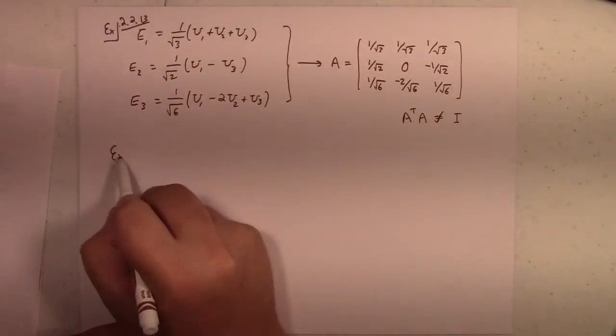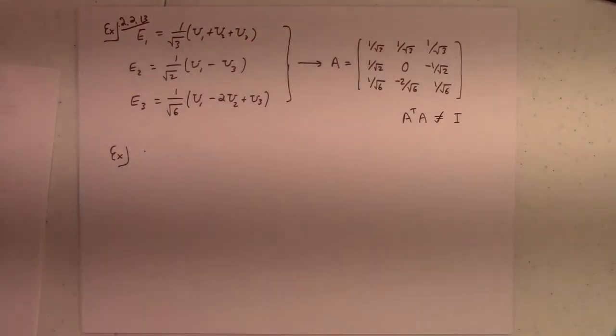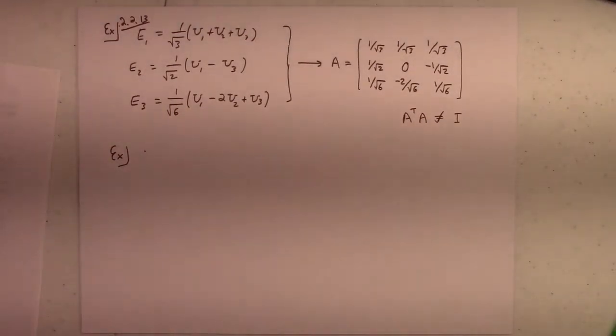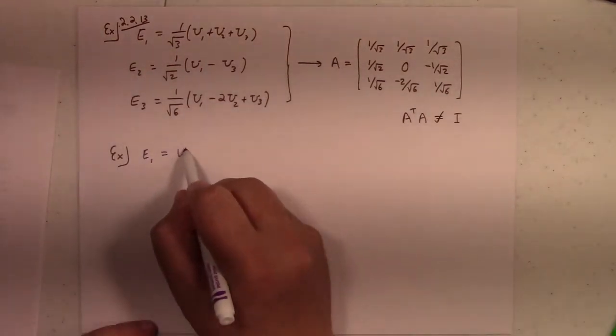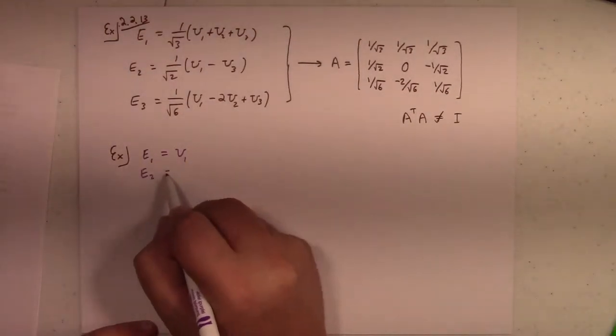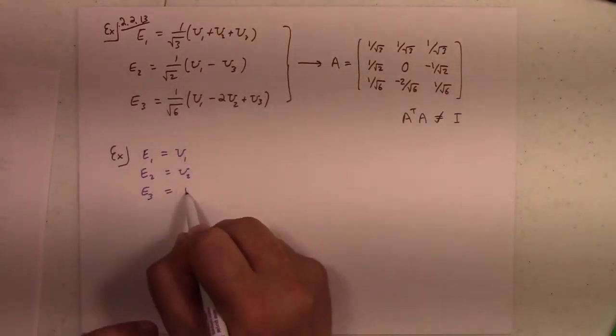My next example is totally boring, but I think it's important. The next example is just the Cartesian frame. Cartesian frame, you got E1 equals U1, right? E2 equals U2. And E3 equals U3.